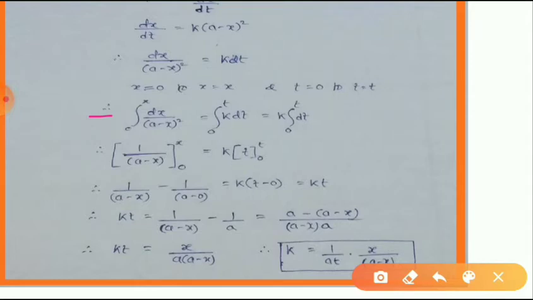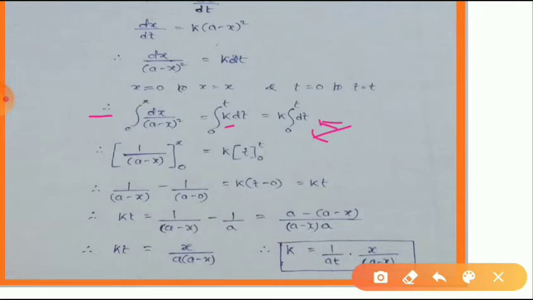Since k is constant, we can take it out of the integration, so we get k into the integration of dt from 0 to t.